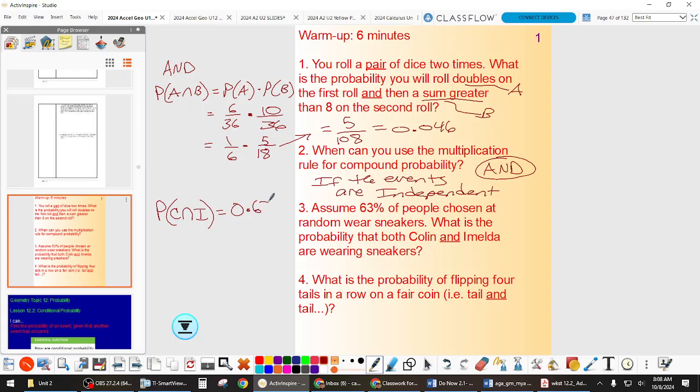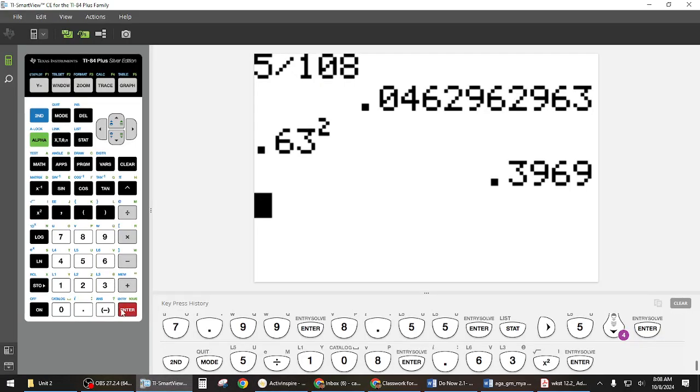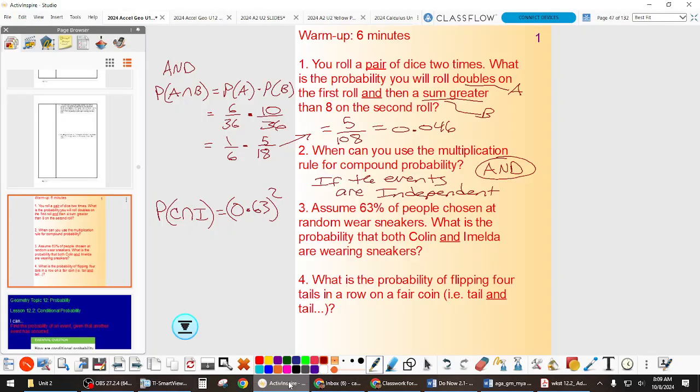So we can just multiply 0.63 times itself, or square it, in other words. And we get 0.397, so 39.7%. What percent is this, by the way?